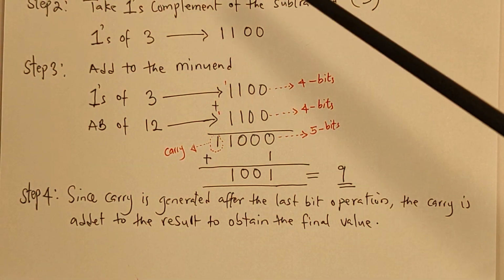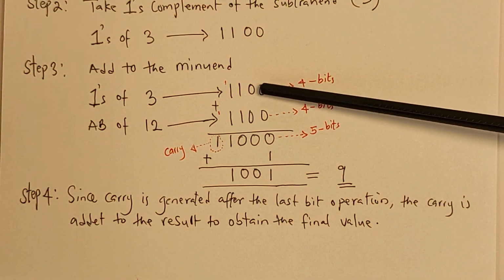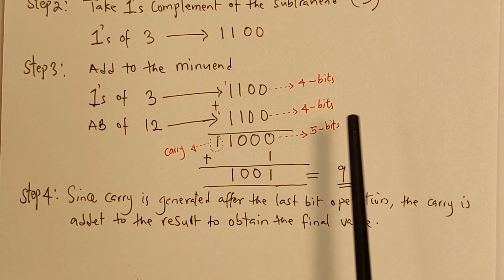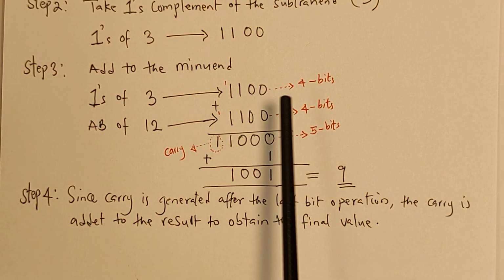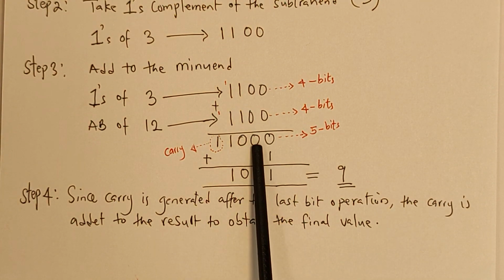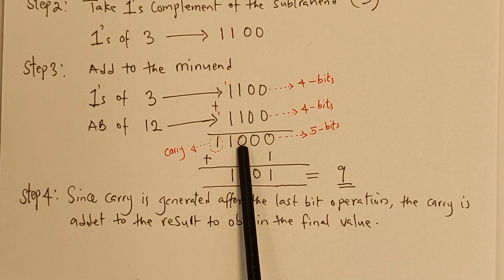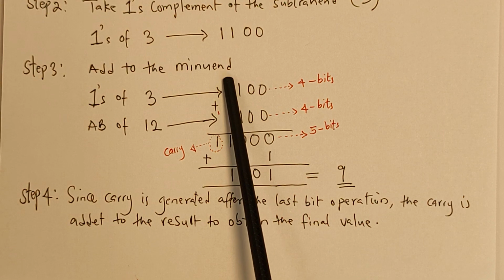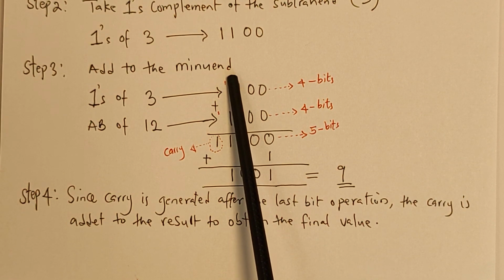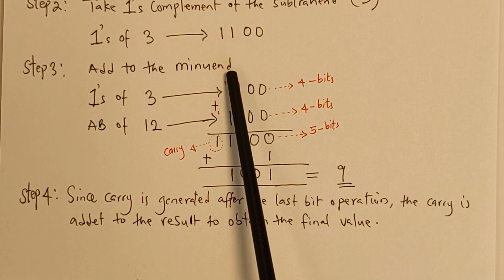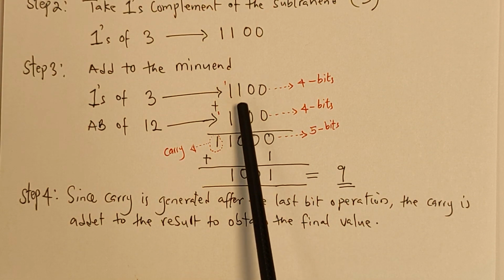Now let's carry out the addition. 0 plus 0 is going to give us 0. 0 plus 0 is going to give us 0. 1 plus 1 is going to give us 0 with a carry of 1. Now we place that 1 in this column. So we're going to have 1 plus 1 plus 1.